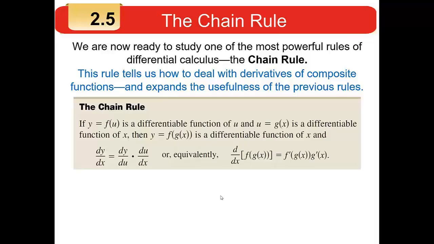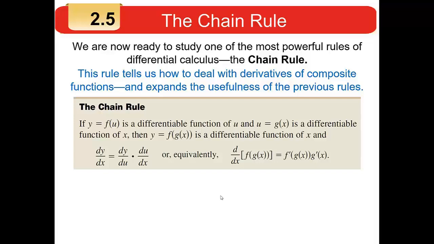I know this looks a little intimidating, but give me a chance to show you that it's not as bad as it really looks. It says if a function y equals f of u is a differentiable function, in other words, it has a derivative, and it's a function of u, and u is also a function of x, and that's a differentiable function, then y equals f of g of x, that's the composite part of this, is a differentiable function of x, and that derivative is given by dy over dx is equal to dy over du times du over dx.